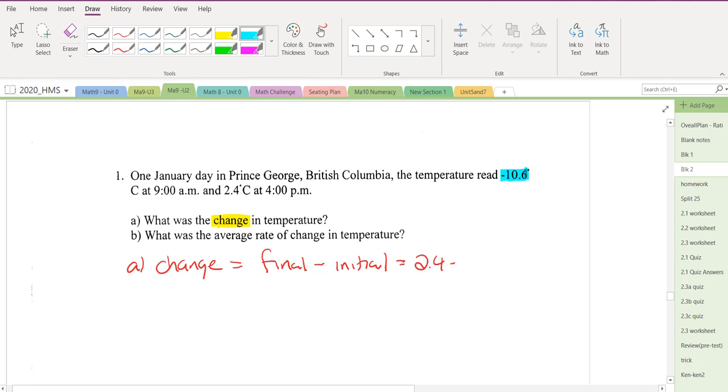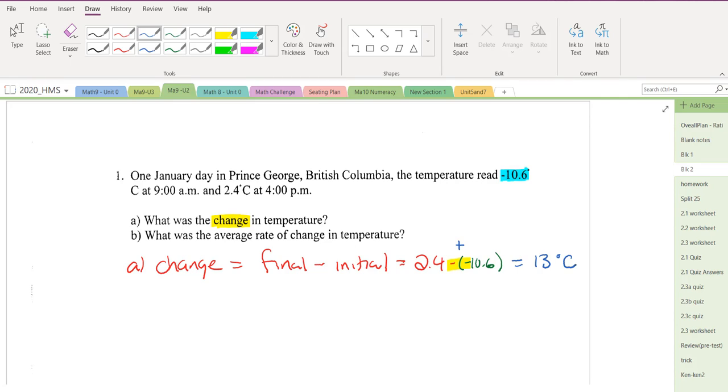So 2.4 minus negative 10.6, right? And two negatives make a positive. So you have 2.4 plus 10.6, which Theo said is 13. So the change is 13 degrees Celsius. Right? That's what our units are in.